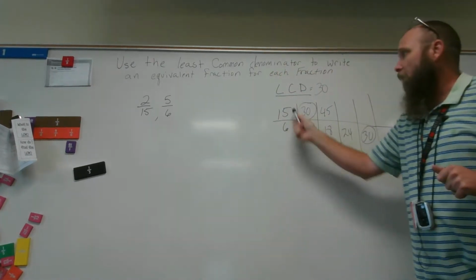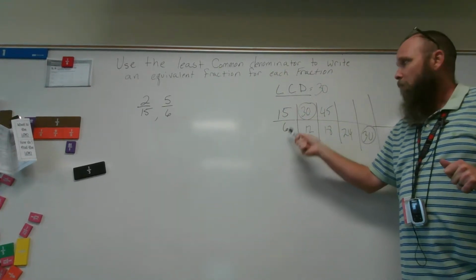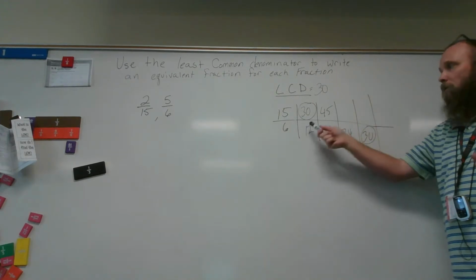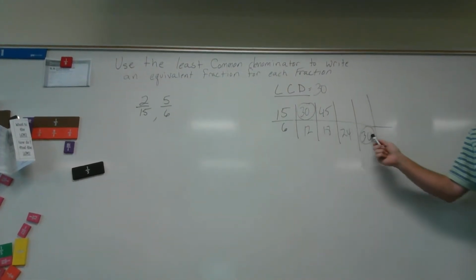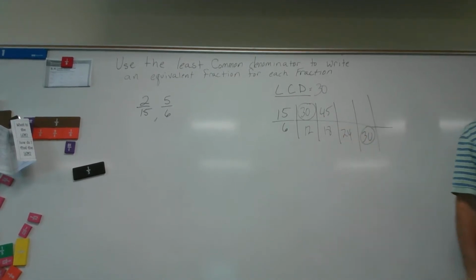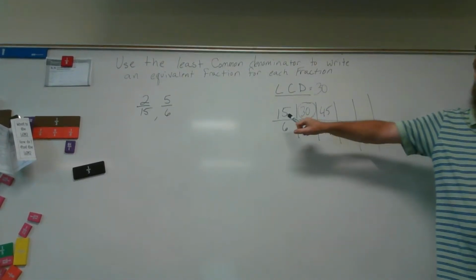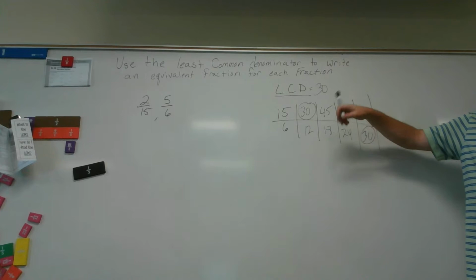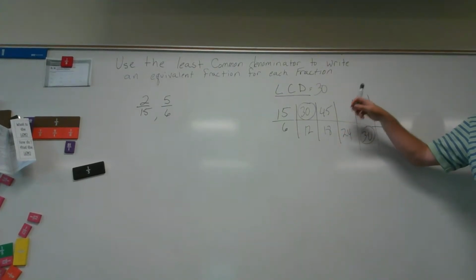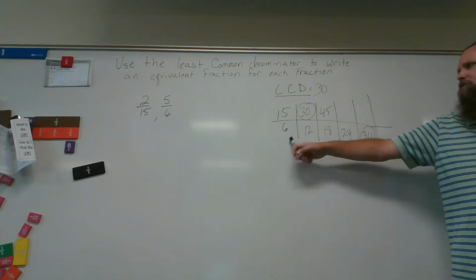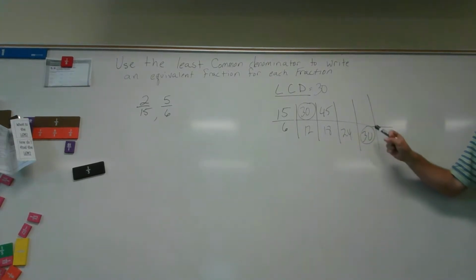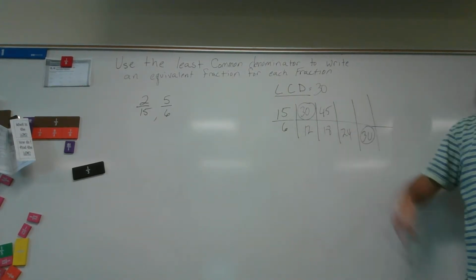So I take my two denominators and I list the multiples out, just like the notes I just checked, until I find the first multiple that they have in common. So I listed my multiples of 15: 30, 45, 60, 75, and I would just keep going. 6, 12, 18, 24, 30. So now, my least common denominator is 30.